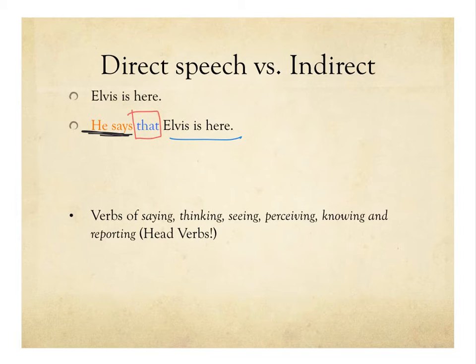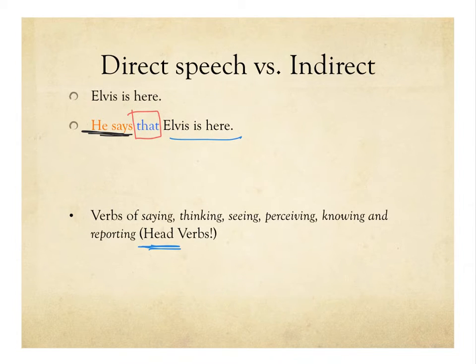Verbs that like to take an indirect statement are what we call head verbs. That is, they are verbs of saying. So he says, he tells, he narrates, he yells, he screams, he articulates, anything like that.